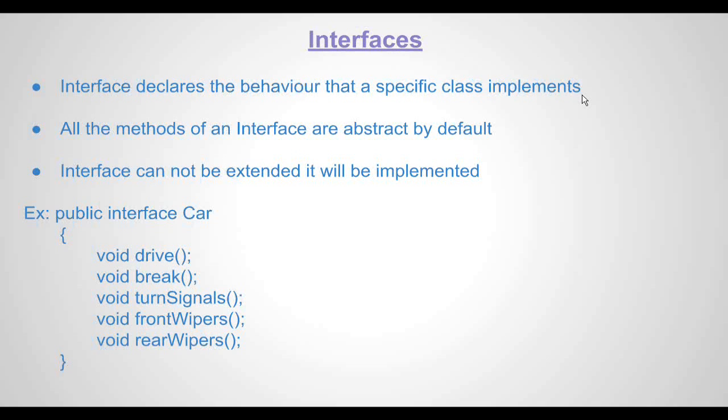Interfaces cannot be extended like classes, they will be implemented. The implements keyword is used for implementing the interface. An interface will not have any attributes like a class. It will have only member functions, and you can define some special constants.